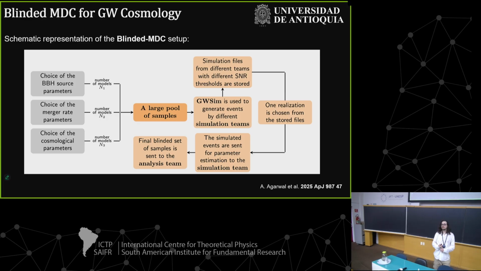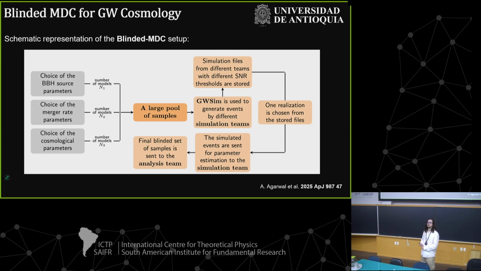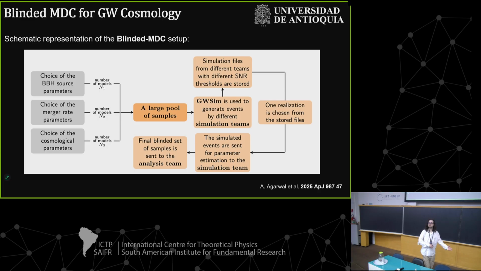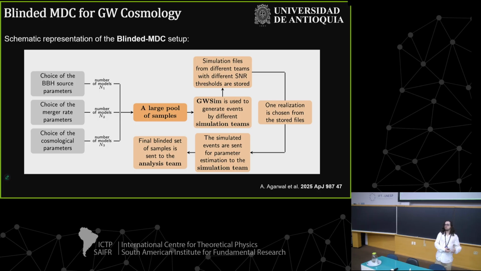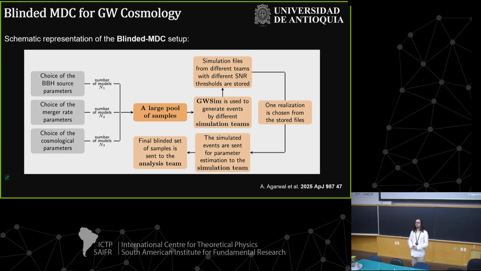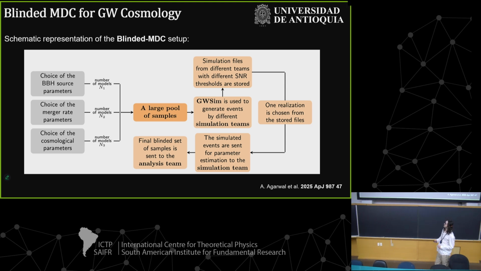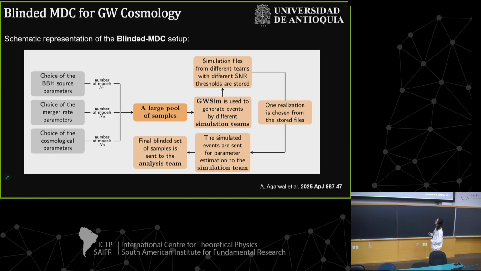But the analysis team does not know what the parameters of the population are, of the mass model and merger rate model, and not even the Hubble constant value that was used to create the mock samples.